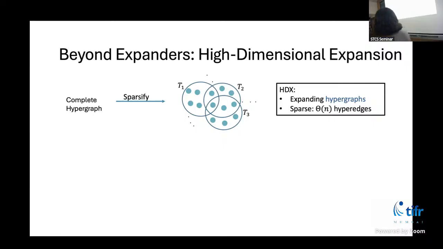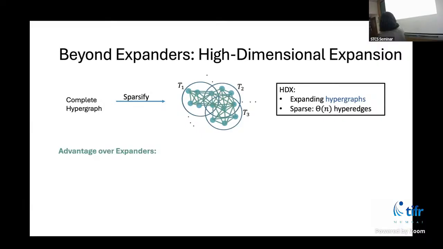But these hyperedges sparsify the complete hypergraph, where you have all possible hyperedges. By sparsify, I mean that they have many of the properties that a complete hypergraph has. When you say all possible, do you mean hyperedges of different sizes or just one? Oh, sorry. Yeah, we fix the size of the hyperedge to be some constant. Here it's 6. So all possible just means it has n choose 6 hyperedges.